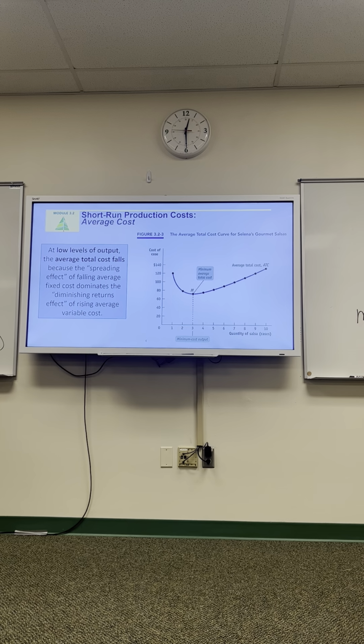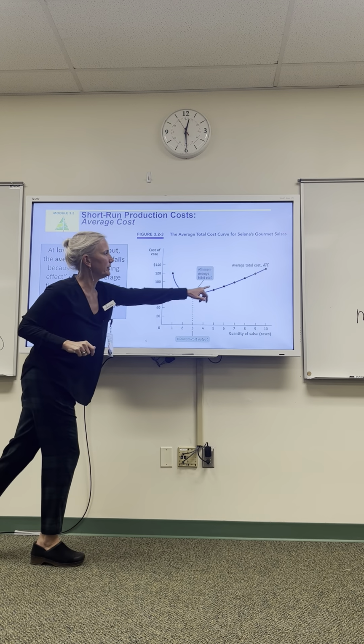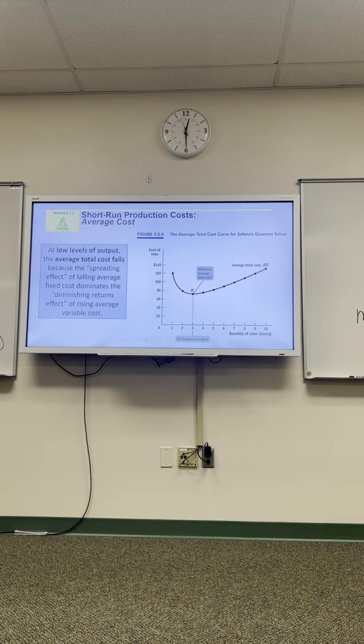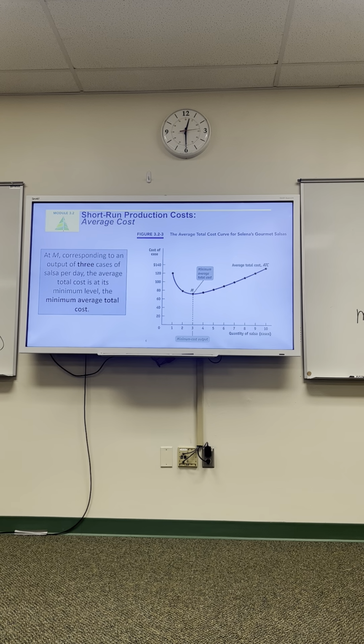At lower levels of output, the average variable costs are coming down at first because of specialization, and then they rise because of what's happening with average variable costs. I think I already went over that. So at higher levels of output, the average total costs are rising because they are being pulled primarily by variable costs. Okay.